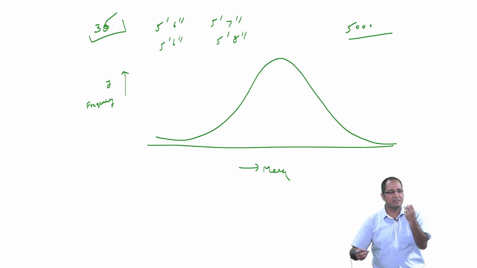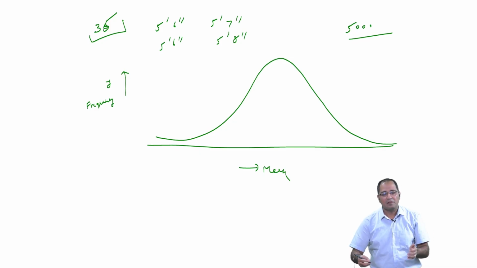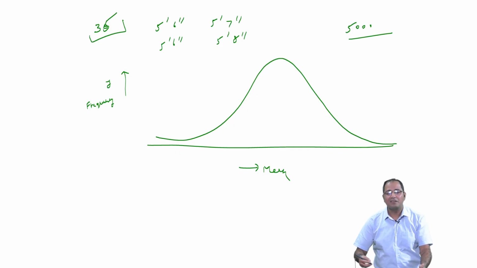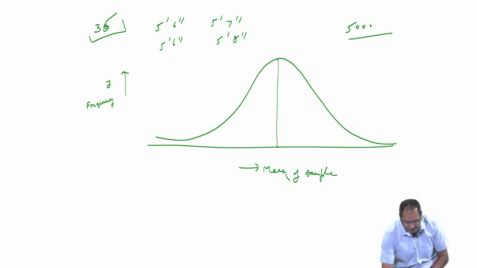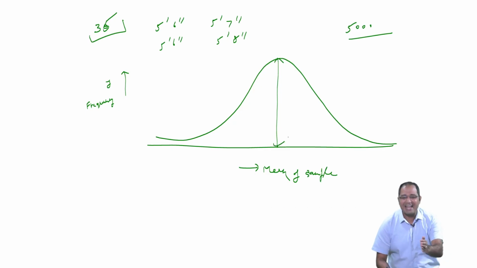For each time I draw 35 BTech students, I take down their mean and I plot that mean on this plot. So the x-axis is the mean of the sample and on the y-axis is frequency.